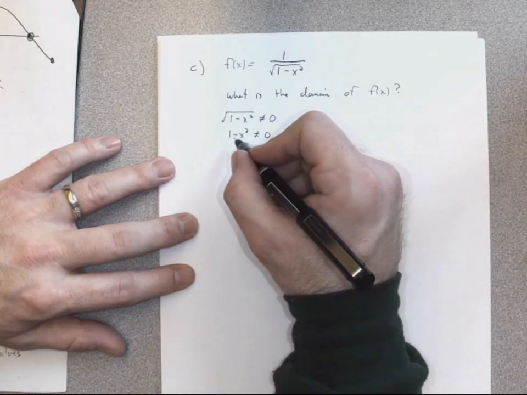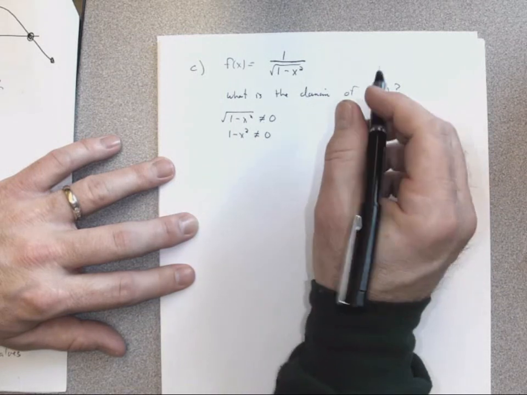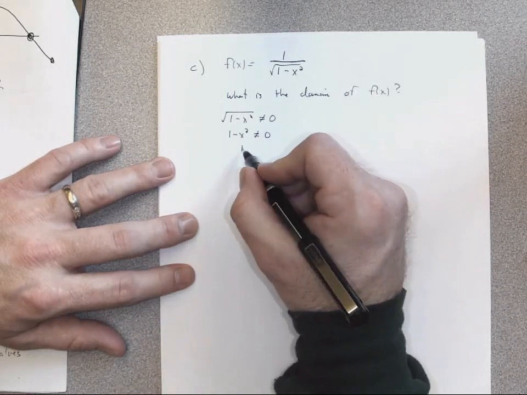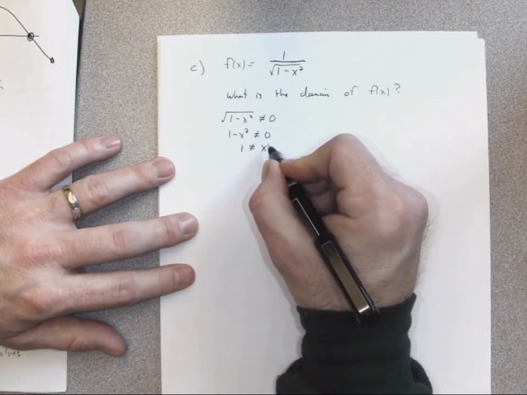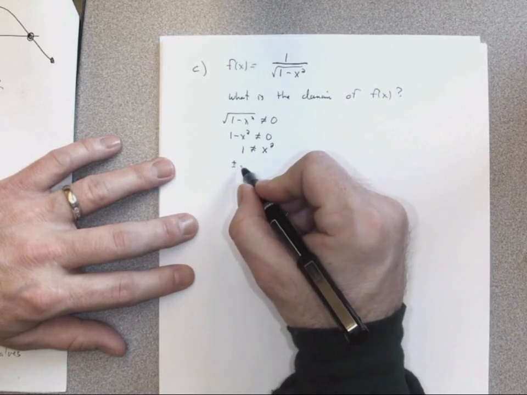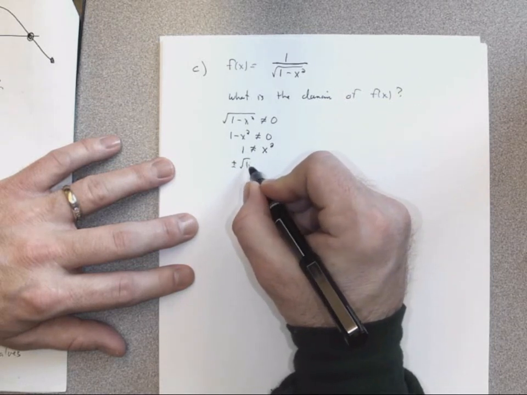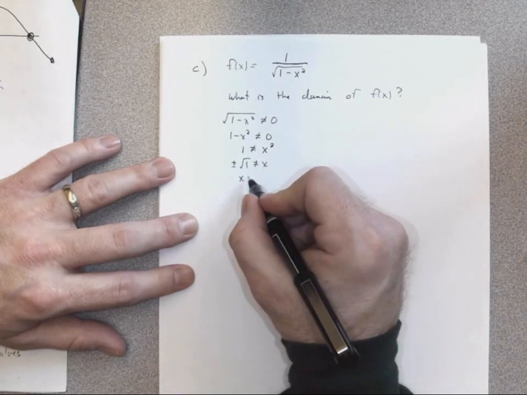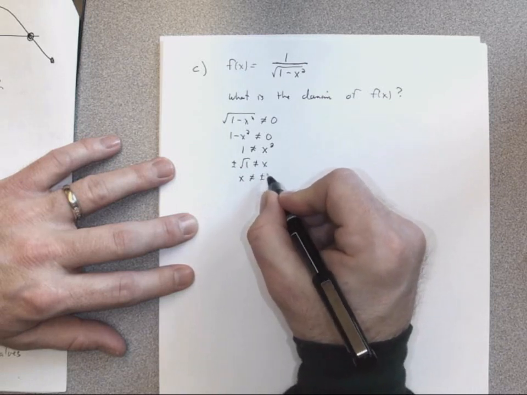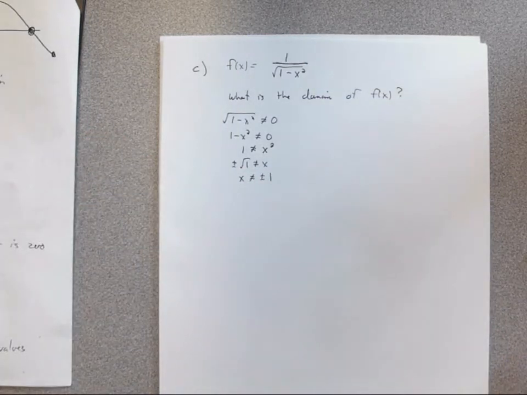And since this is in standard form, there's no x, I could just solve for x and then square root it. So 1 is not allowed to be equal to x squared, square root it, plus or minus. The square root of 1 is not allowed to be x. So that means x is not allowed to be plus or minus 1.